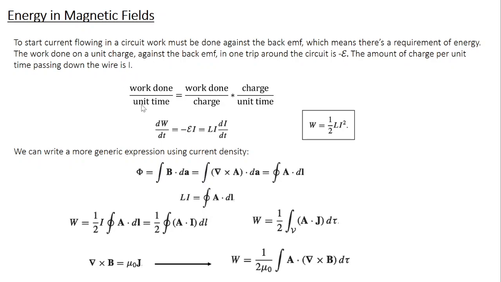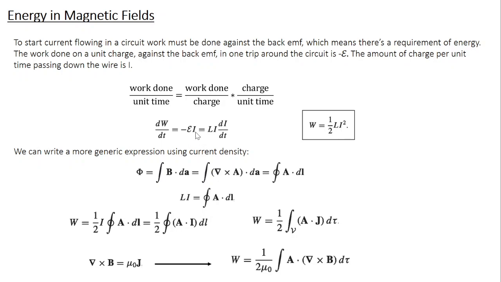The work done per unit time you can write as work done per charge multiplied by charge per unit time. Charge cancels, you have work done per unit time. So this quantity dW by dt is work done per charge, which is minus back EMF, multiplied by charge per unit time, which is the current.